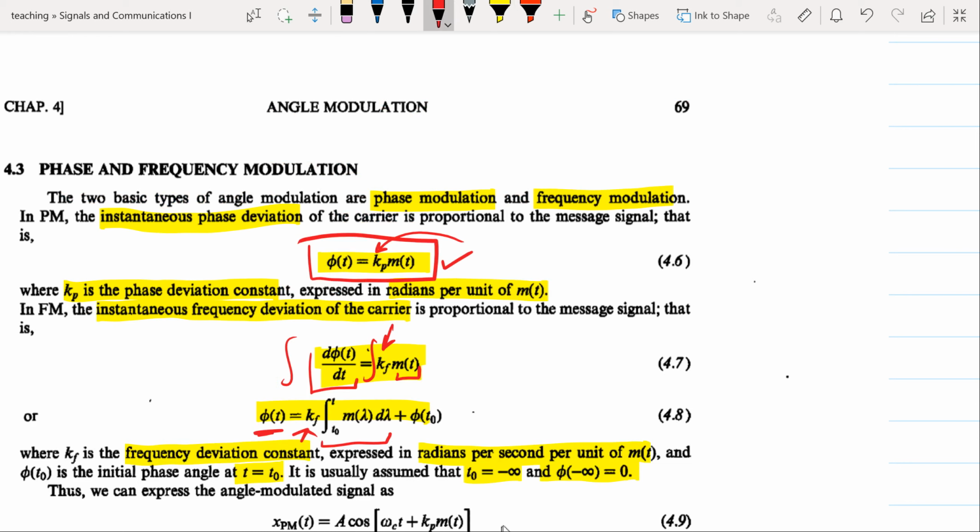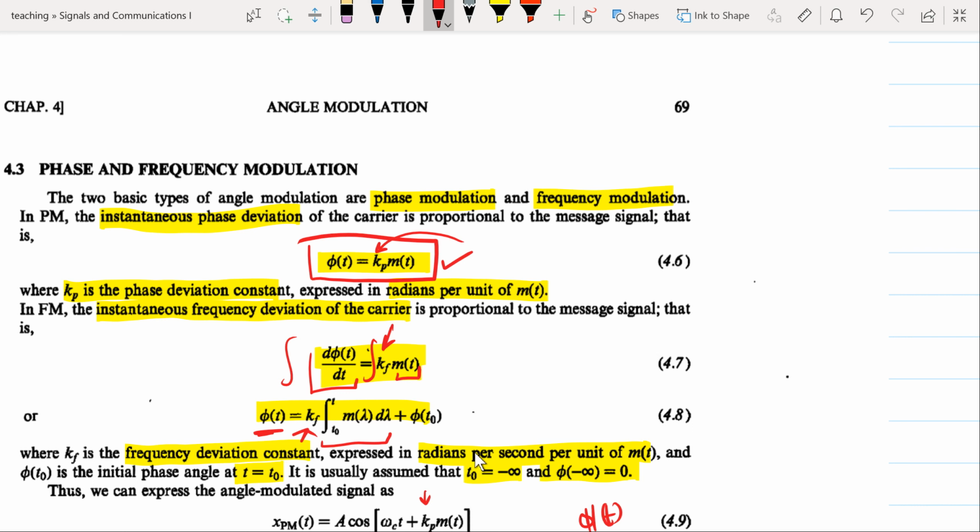And therefore, having defined these two constants, kp and kf, we can define the angle modulated signal, first in terms of phase modulation, where the phase, remember this was phi of t, we have replaced with the constant of proportionality kp and the message signal itself.